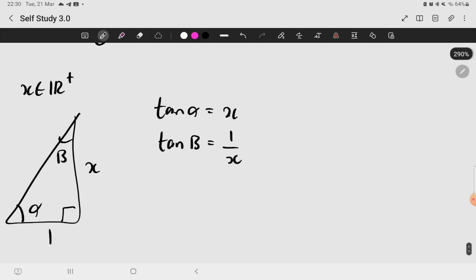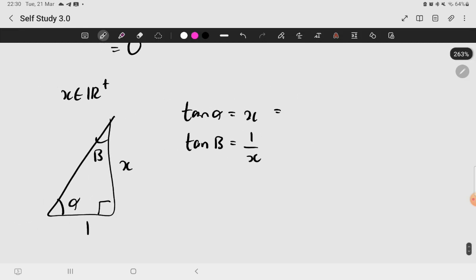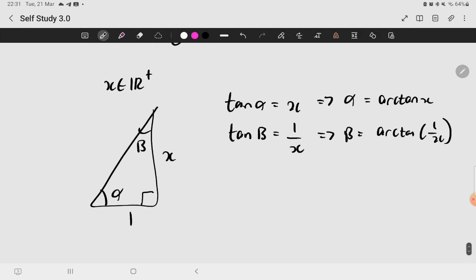And now, what happens if we inverse both equations? We obtain alpha is equal to the arctangent of x, and for beta, we obtain the arctangent of 1 over x. And we know that the sum of both of these angles is 90 degrees, or in radians, pi over 2.